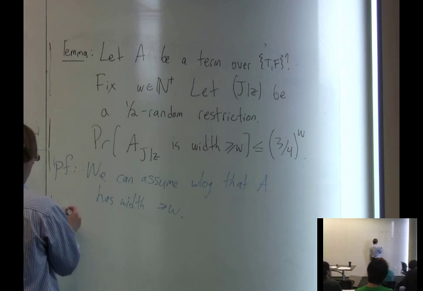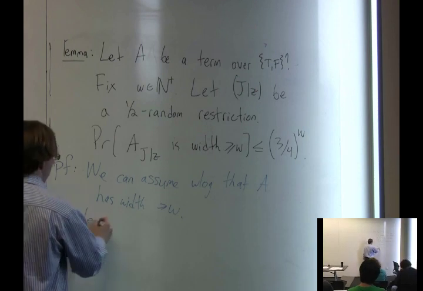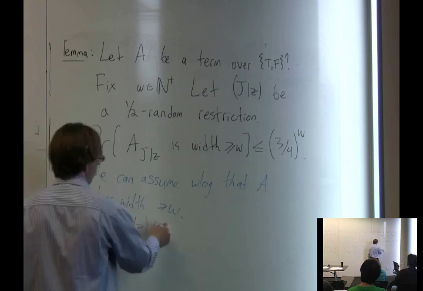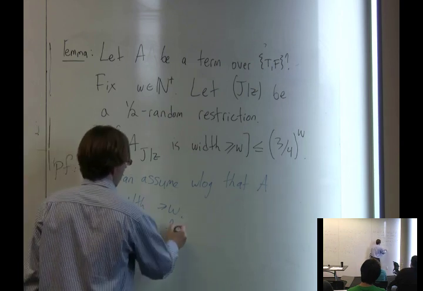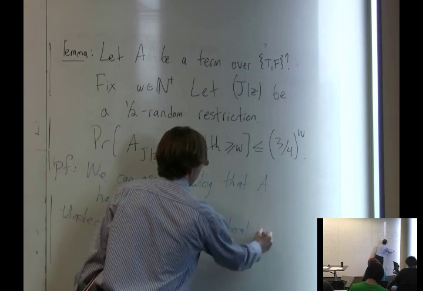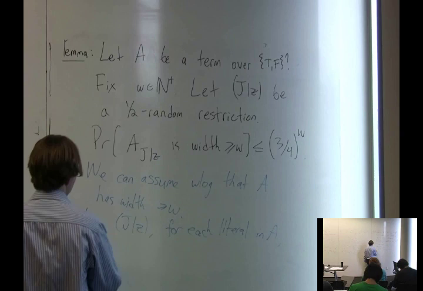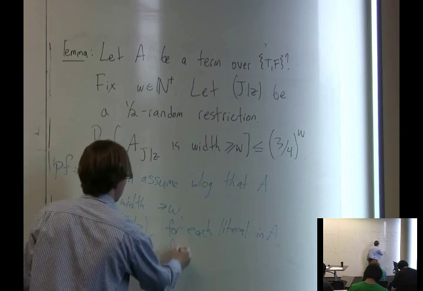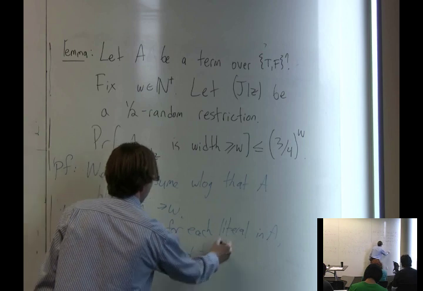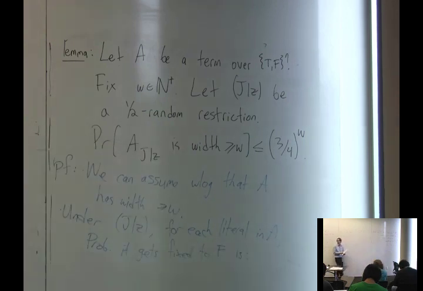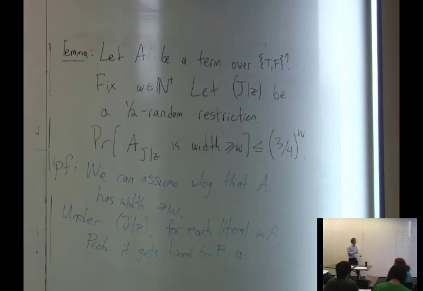So now, under the random restriction JZ, for each literal in A, the probability it gets fixed to false is exactly what? 1/4.